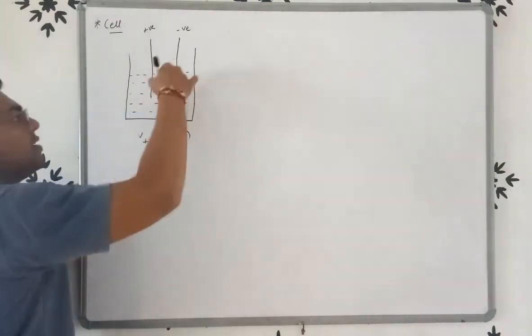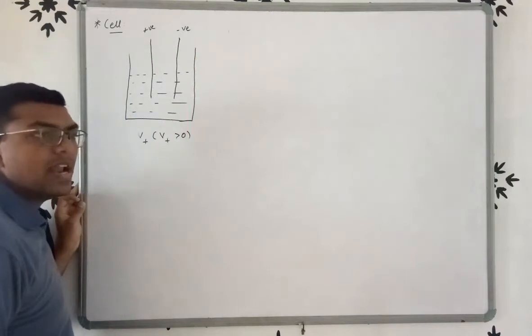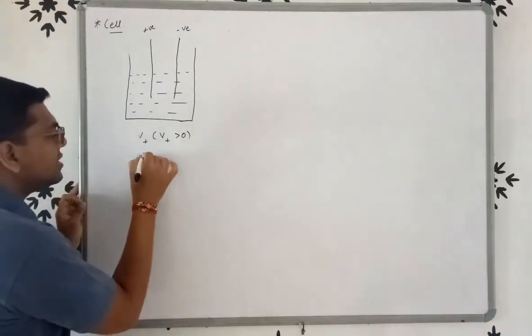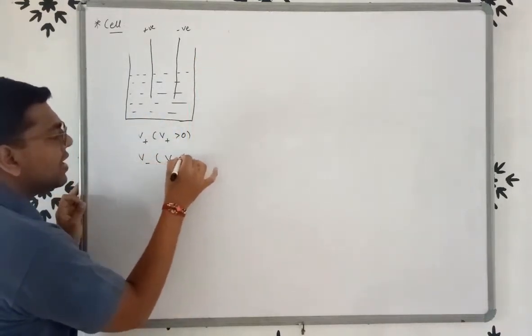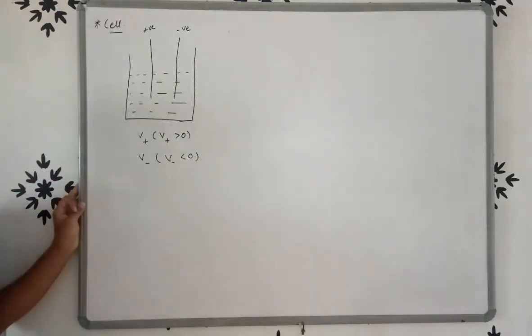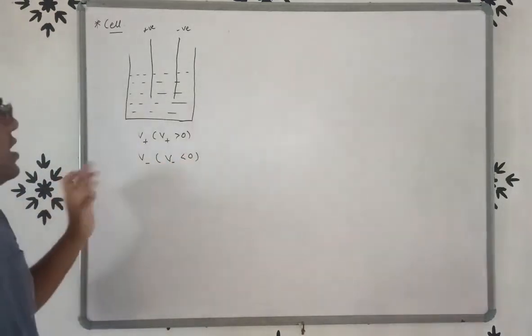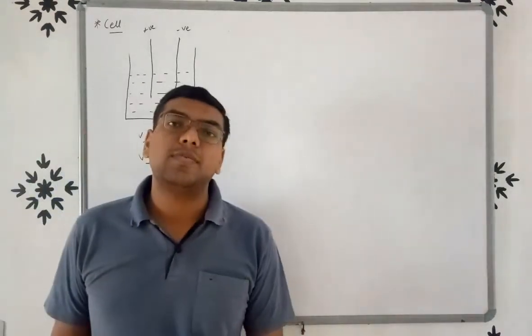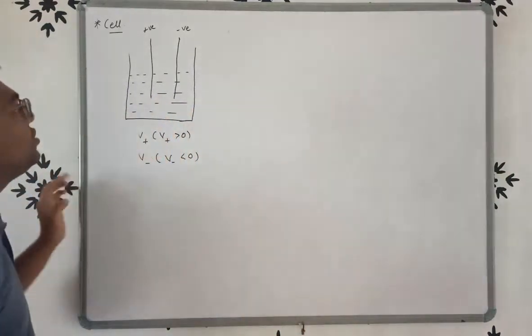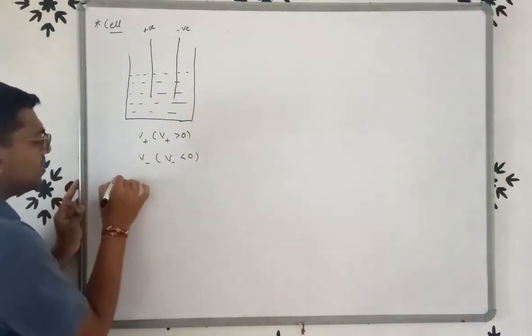And the potential difference between the negative electrode and electrolyte is V minus, and here V minus is less than 0.